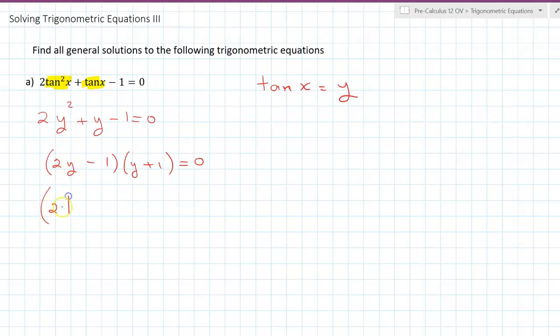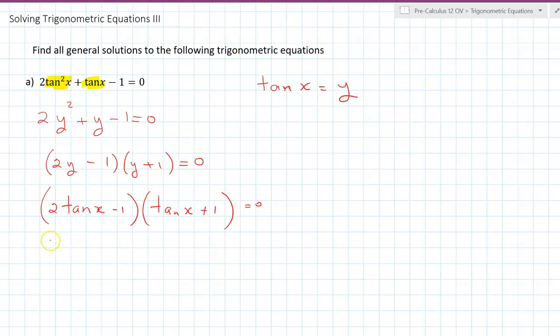We say 2 tan x minus 1, and then tan of x plus 1. And if you expand and distribute, you will get the same equation back. Now set that equal to 0. Now we got to go ahead and use the zero product rule.